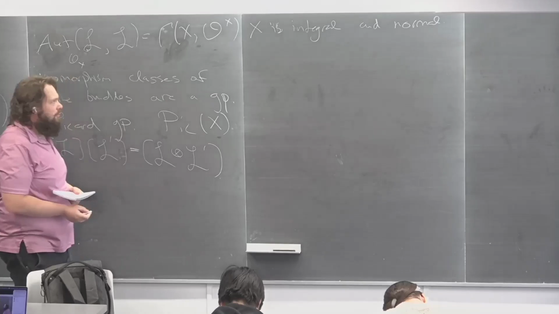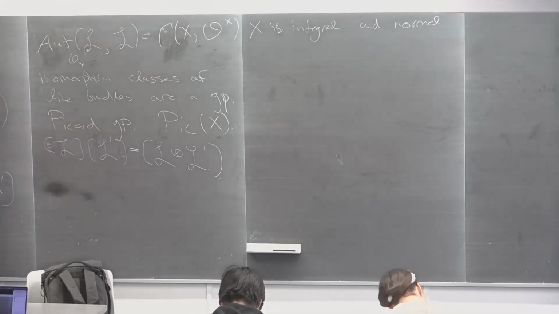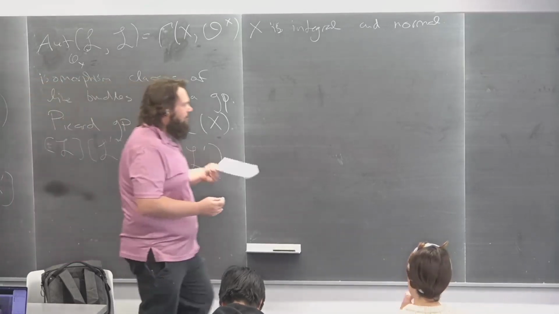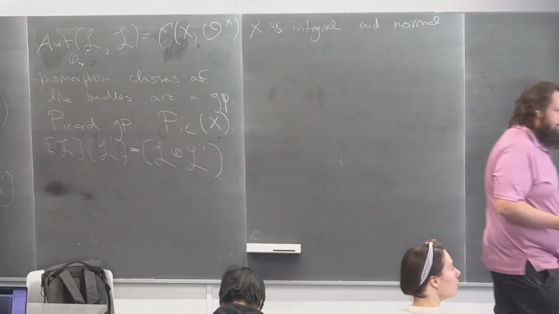The integral part is really just for convenience. You can figure out relatively easily how to extend to the non-integral case. Normal, I don't know, it's maybe a little more important. And you'll see why in a moment.